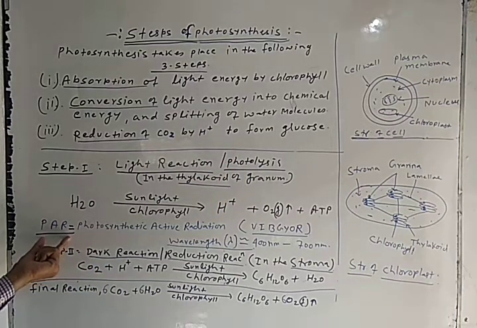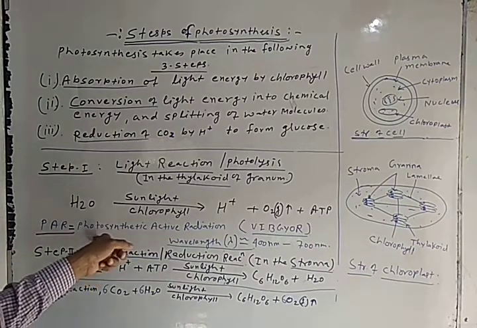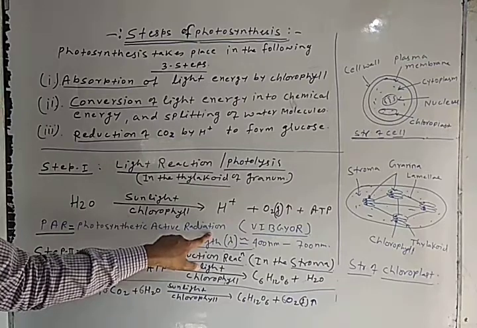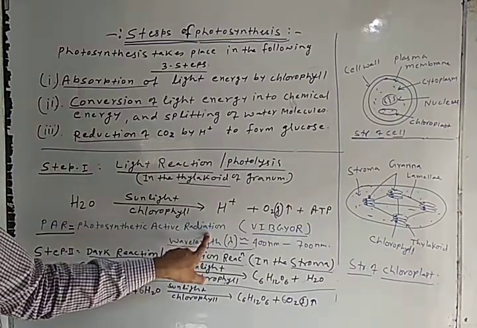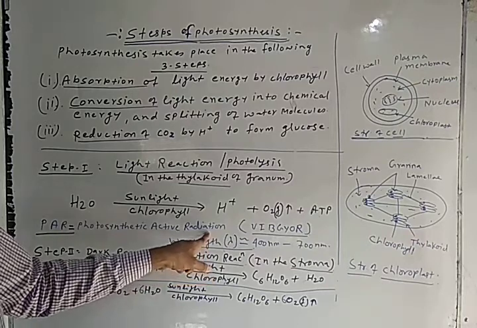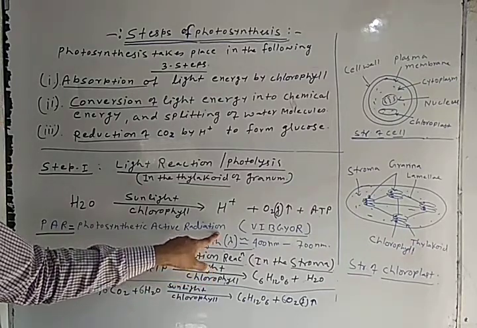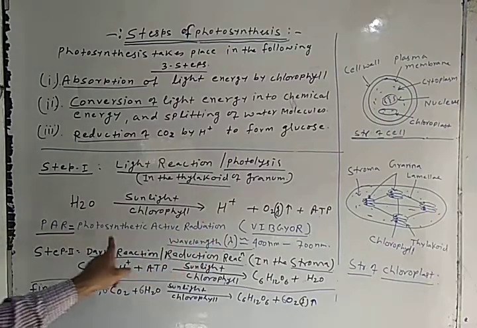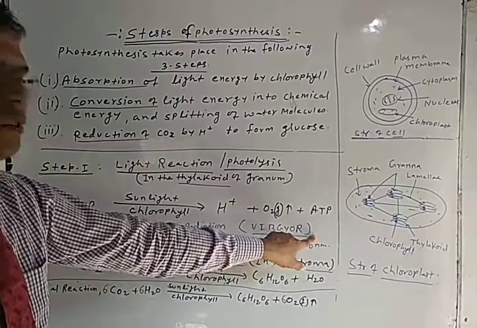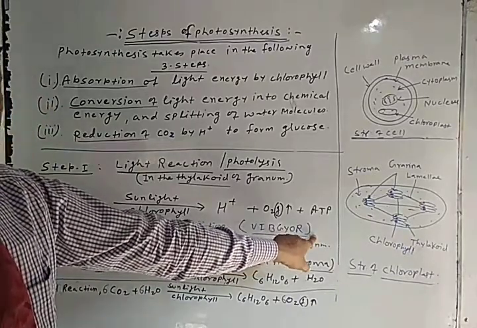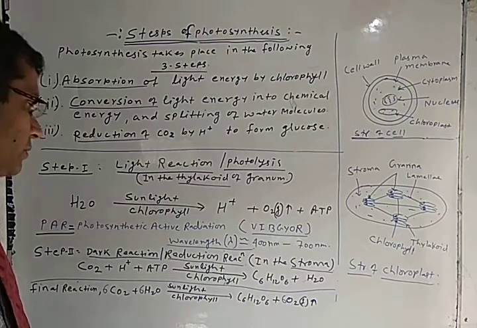Now one term is here, PAR. PAR is the abbreviation for photosynthetic active radiation. Now the light reactions occur with any region of the white light, and that region of the white light is called PAR. Here the violet to red region of the light is sufficient for photolysis and light reactions.